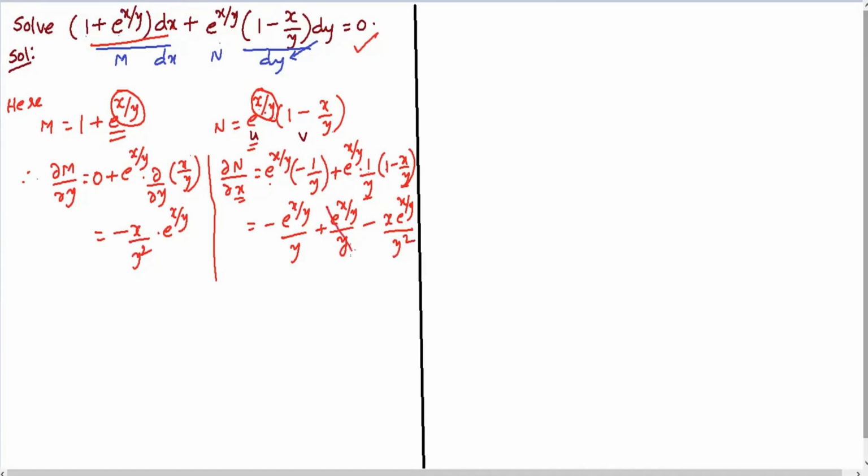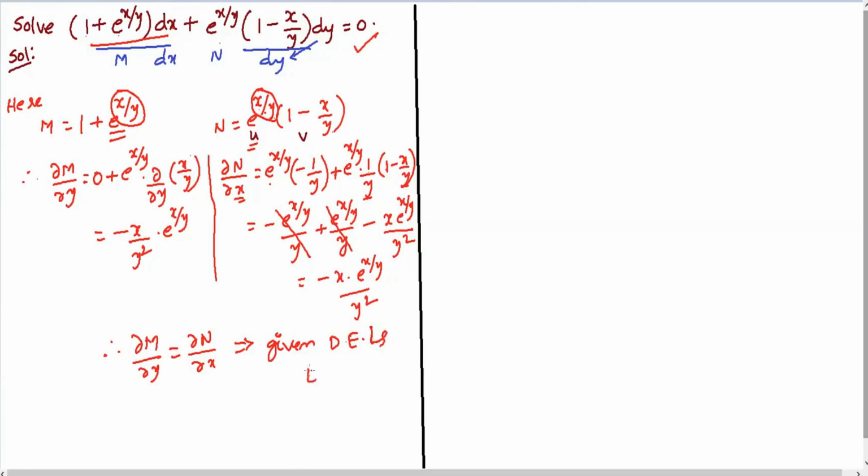So we are observing that the first two terms get cancelled because they were the same but of opposite sign. So again you will get −x e^(x/y)/y². So we are observing that ∂M/∂y is equal to ∂N/∂x. Clearly these both values are the same. Hence, what is the conclusion? The given differential equation is exact.